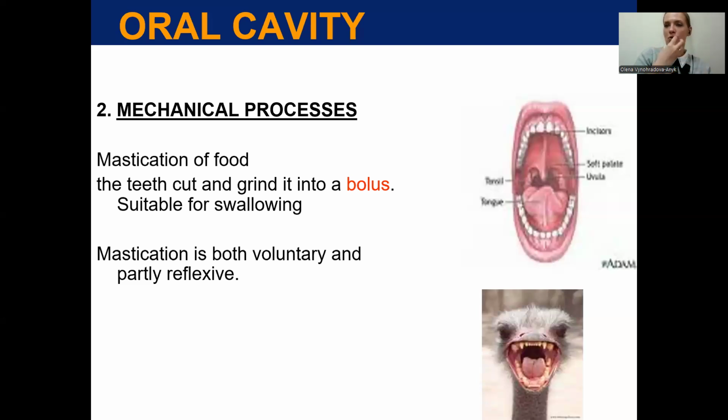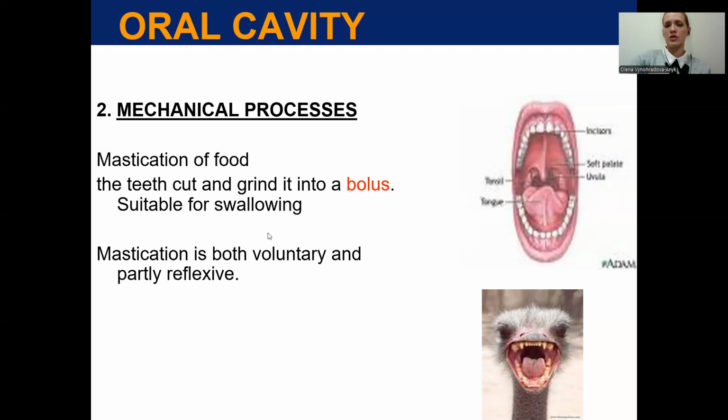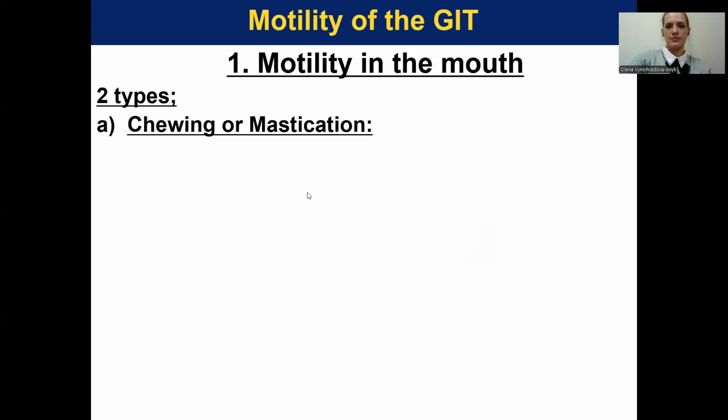When it comes to our oral cavity and we chew it, it is named a bolus. Mastication is possible as voluntary and partly reflexive. So we do not control our mastication, our chewing, all the time. Of course, usually it happens in a reflexive way.